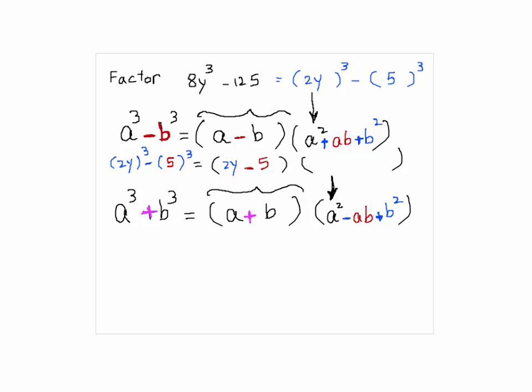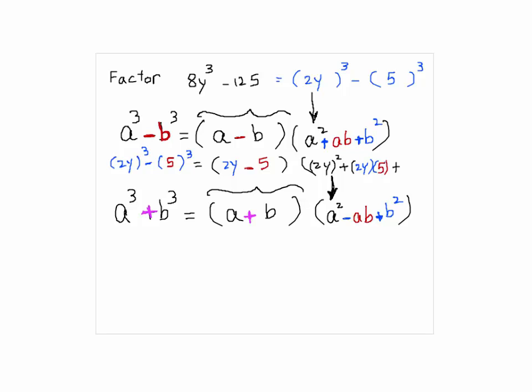In the second parentheses, you have your a and you square it, so 2y squared. The next term, you take your a, which is 2y, and multiply that by b, which is 5. And your last term would be your b squared.